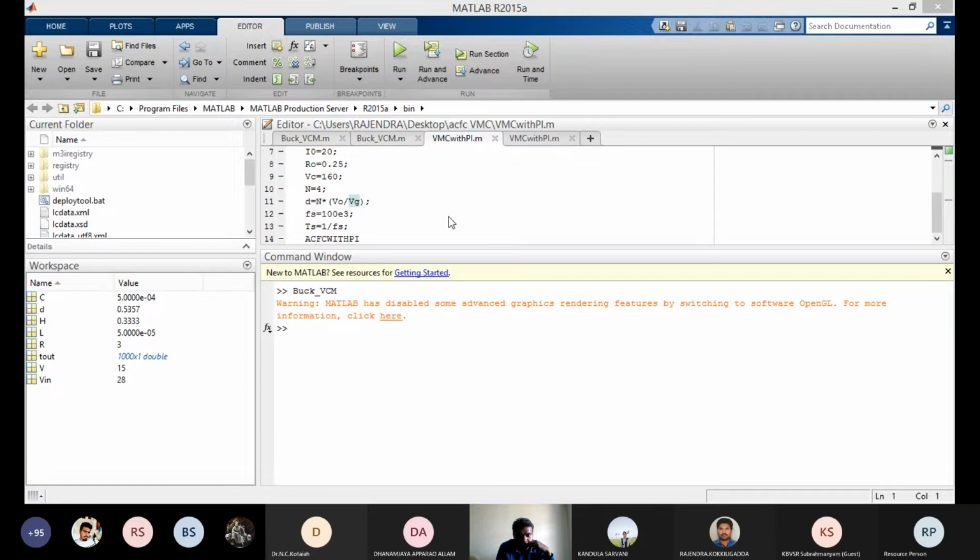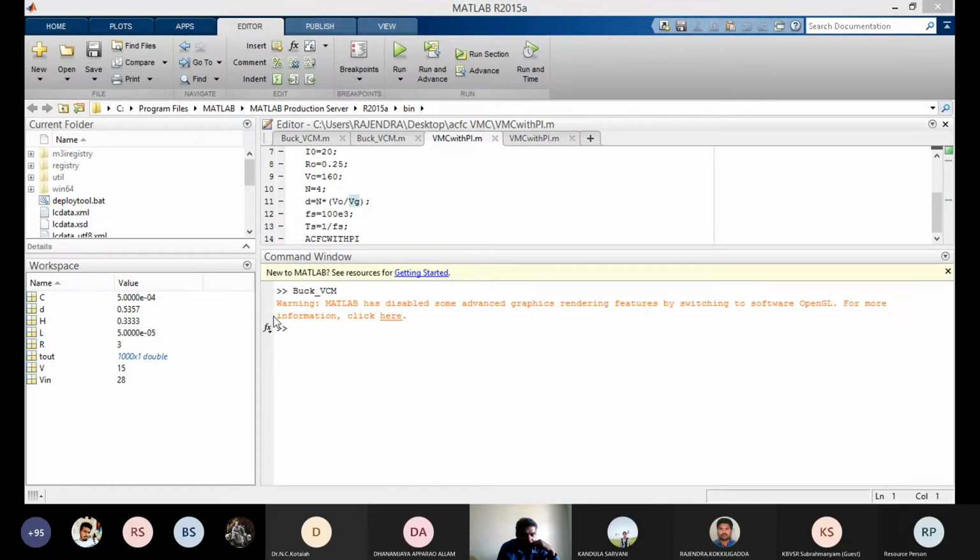By changing the gain values somewhat, we are forming the complete closed loop controller. And then this is the voltage disturbance and this is the current disturbance. For the input voltage of 28 volts, we are expecting 5 volts output. So these are the results we are getting.